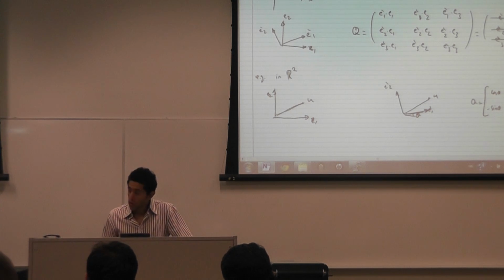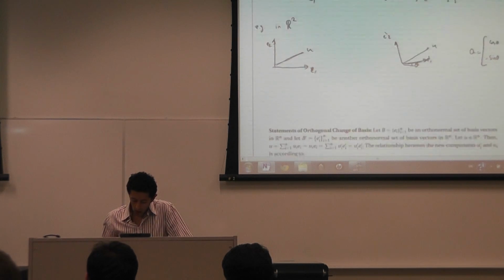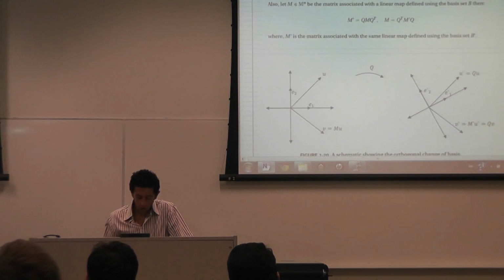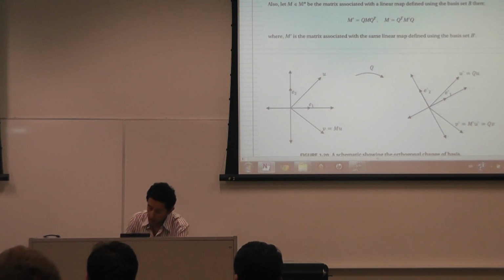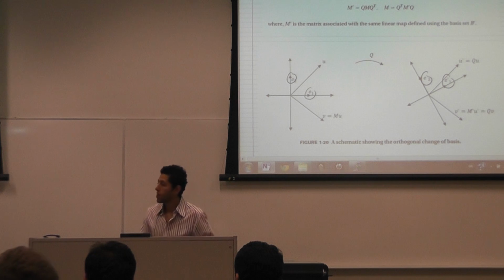So, how do you now translate between the two vector spaces? They're the same vector spaces, but a different language. This one is using E1 and E2 to describe everything. This one is using E dash 1 and E dash 2 to describe everything.